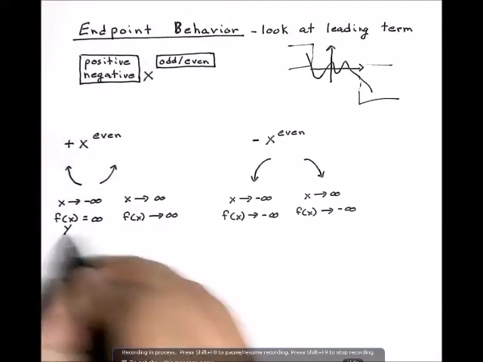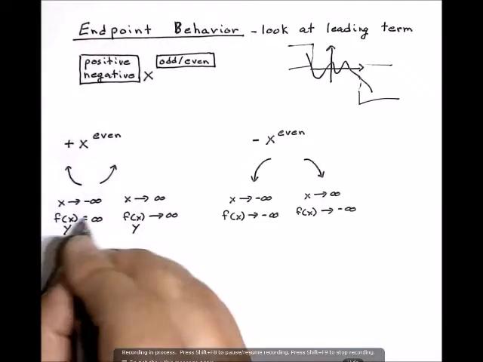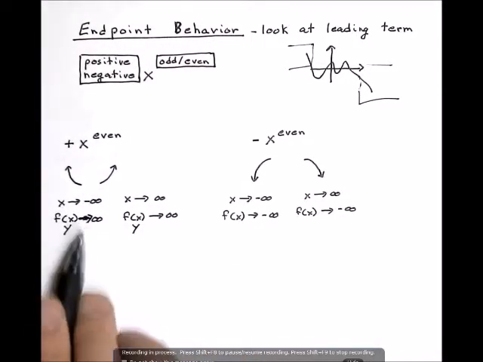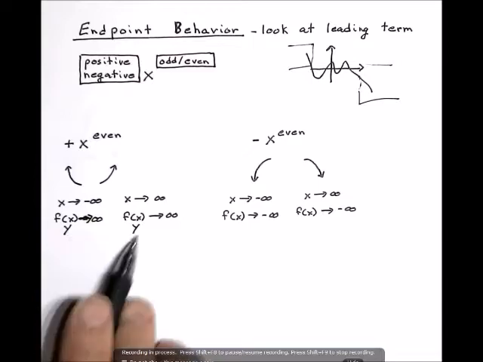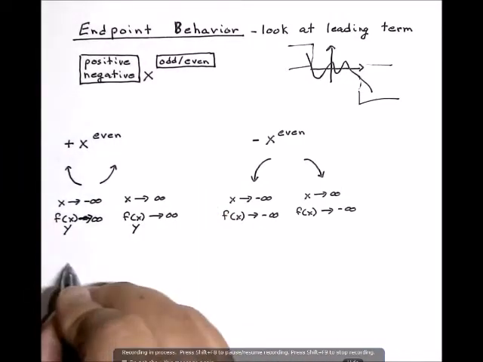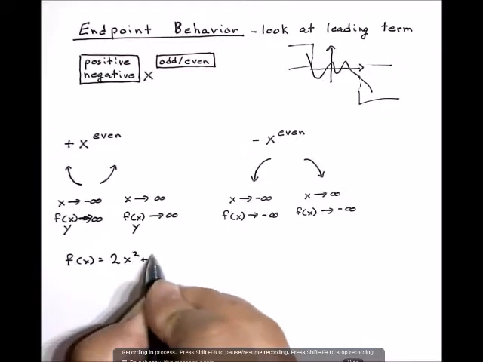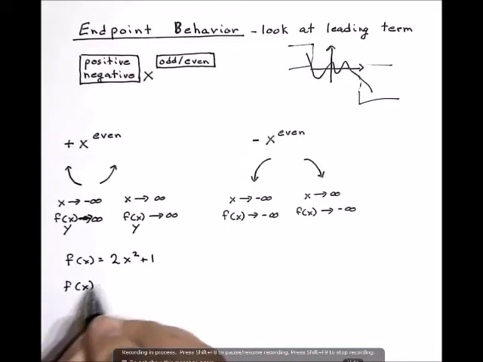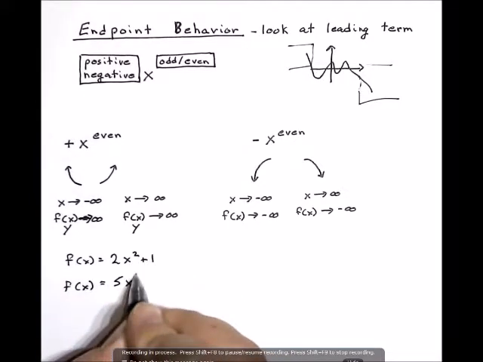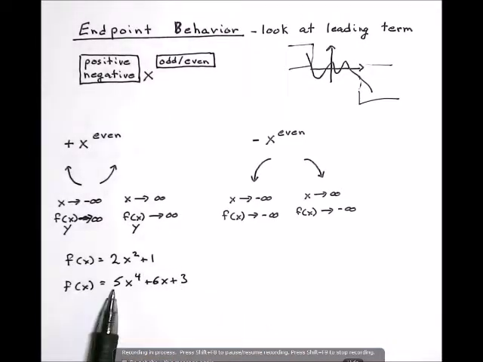And if you're still a bit uncertain on f of x, you can replace the f of x's with y's if that helps you get a better idea of what's going on. And examples of this type of equation: anything with a positive leading coefficient and an even degree.